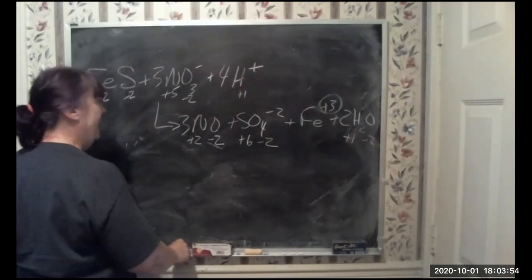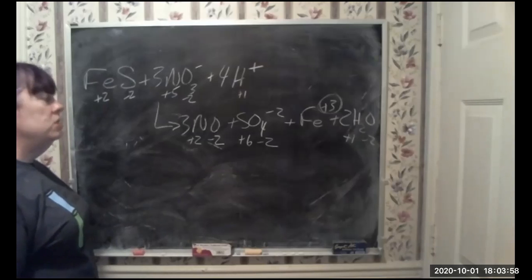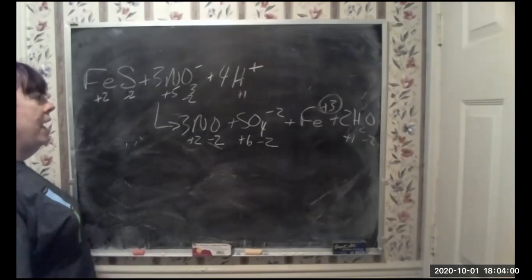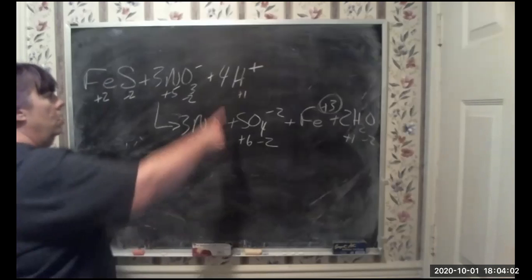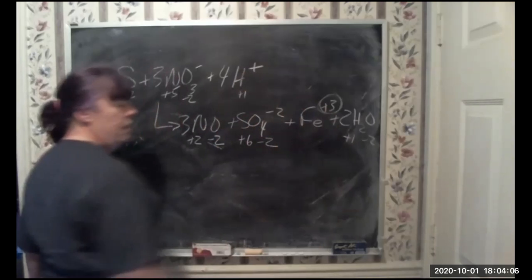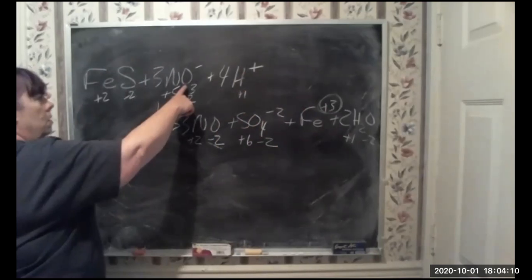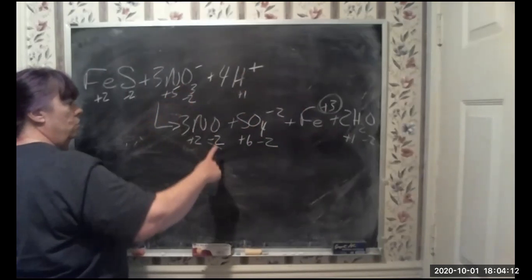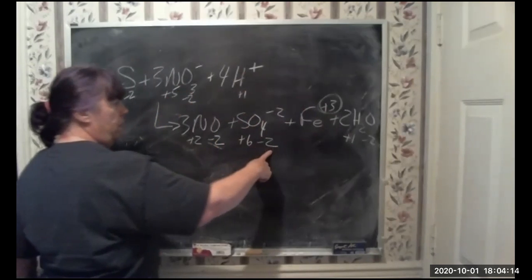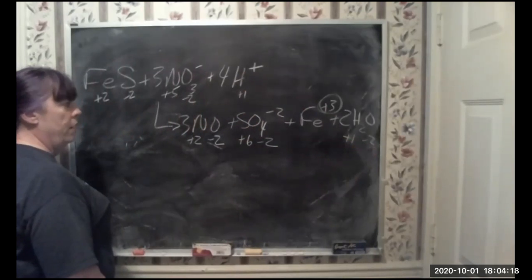Now everything's labeled. There are elements that didn't do anything. Nothing happened to hydrogen. All the hydrogens here are +1. All the hydrogens there are +1. They didn't do anything. Oxygens were -2. They're -2 here, they're -2 there, they're -2 there. Oxygens just swam around and did nothing.